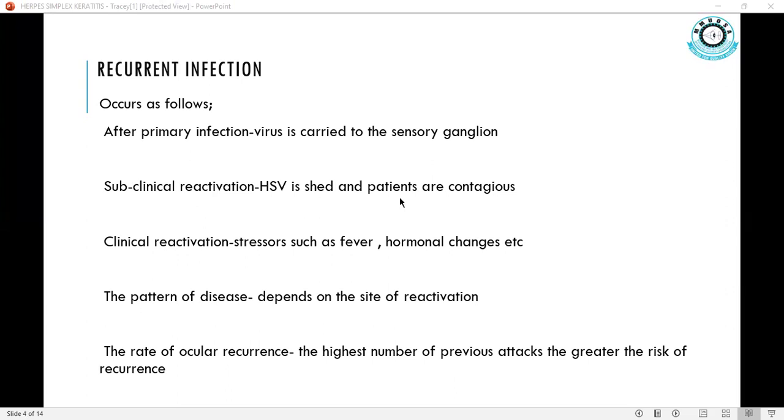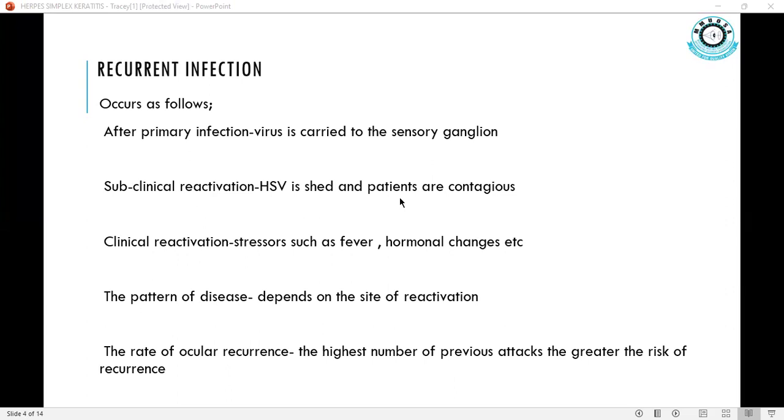So when we have factors that will reactivate the virus back to the eye, for example stressors such as fever, hormonal changes, ultraviolet radiation, or even trauma, that's where you'll find that the virus reactivates and presents in the eye. Once you've been infected with HSV the first time, it stays permanently in your body. It's just a matter of time until you get the factors that stimulate its reactivation, and you'll have the recurrent pattern of it.